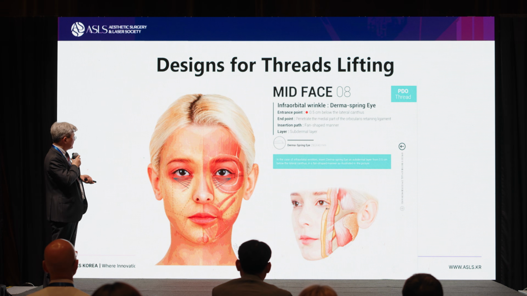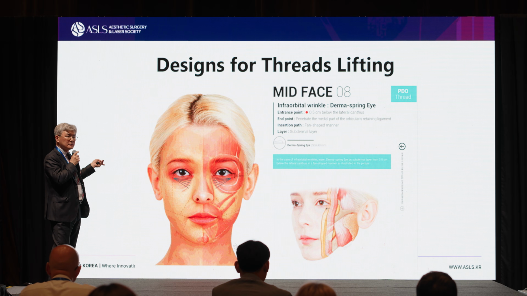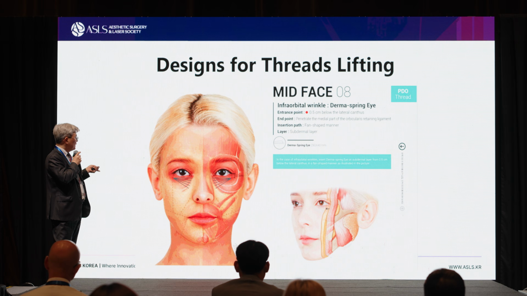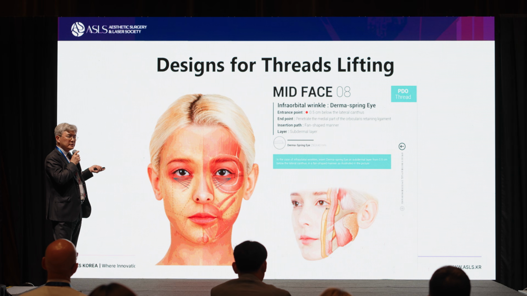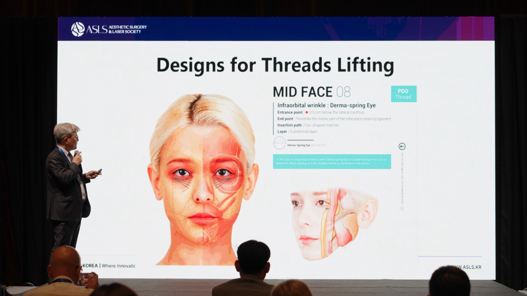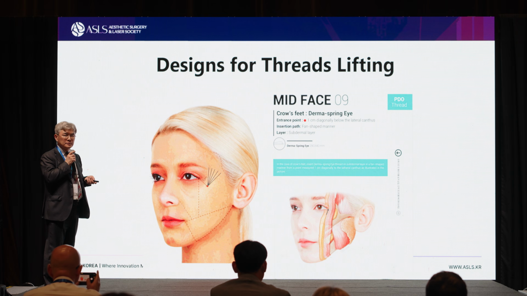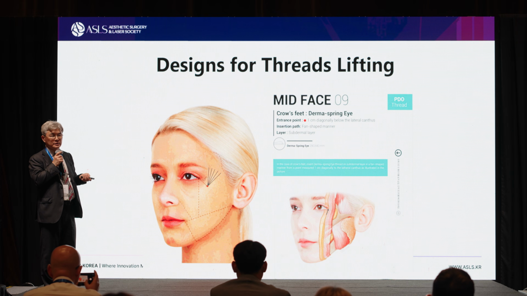This is designed for the infraorbital wrinkles. This time, I usually use monofilament PDO, an average of 5 threads inserted in the subdermal layer. And in this design, some patients don't want botulinum toxin.